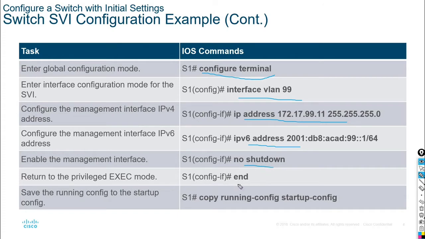After that, return to privilege mode with the end command, and to save the running configuration to the startup configuration file, use the command copy running-config startup-config here.